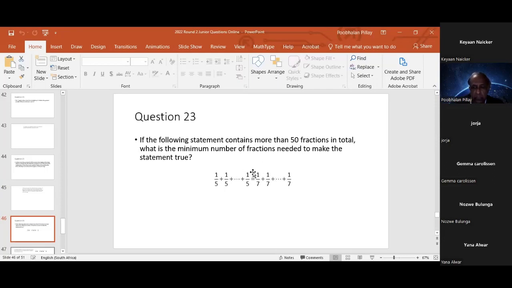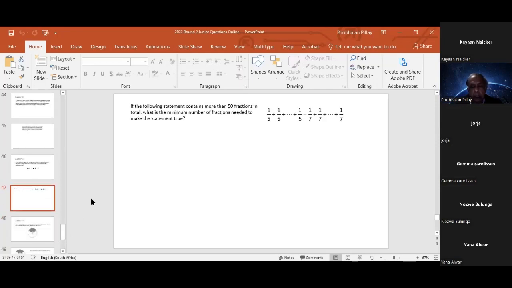What is the minimum number of fractions needed to make the statement true? And that's an interesting question. I'm going to go to the next page so I have extra space.